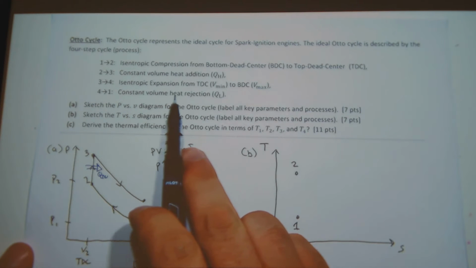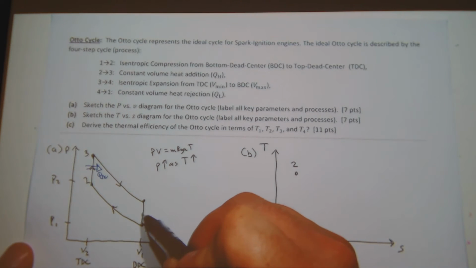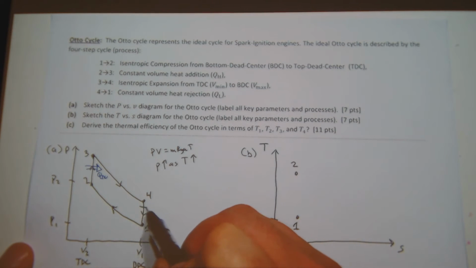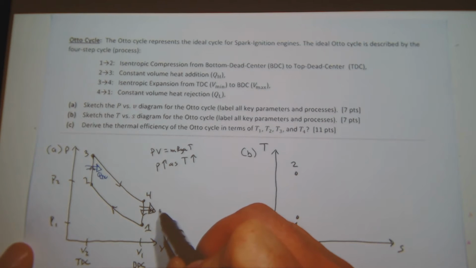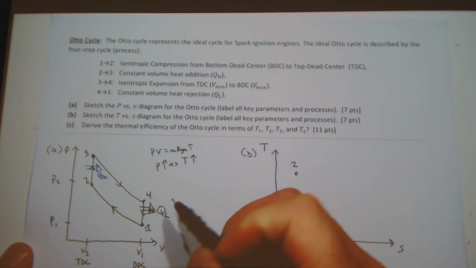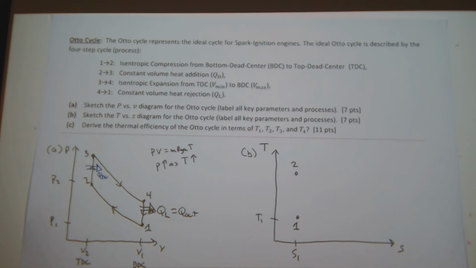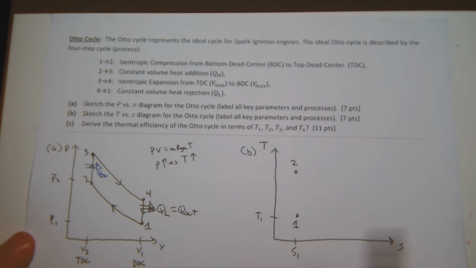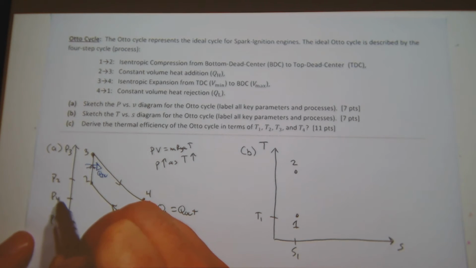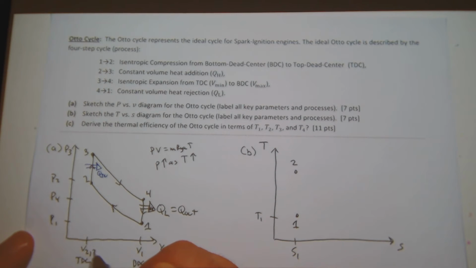And then constant volume with heat rejection. So this is my PV diagram for my Otto cycle.